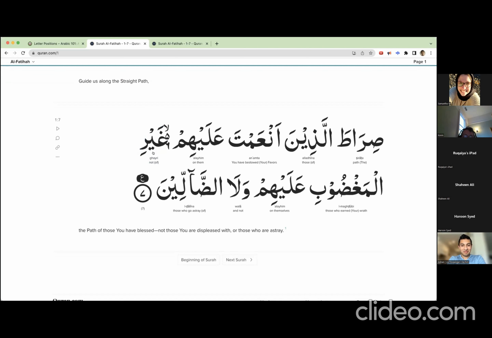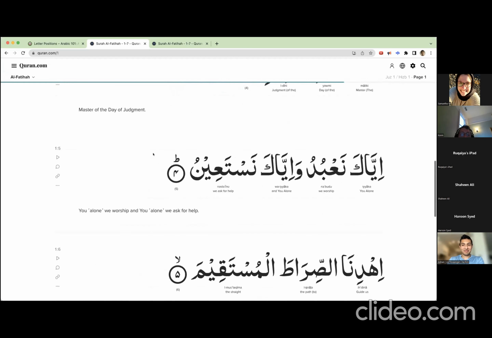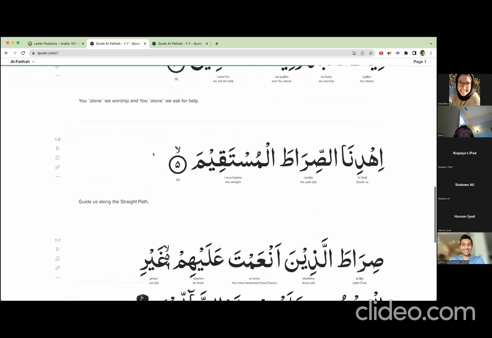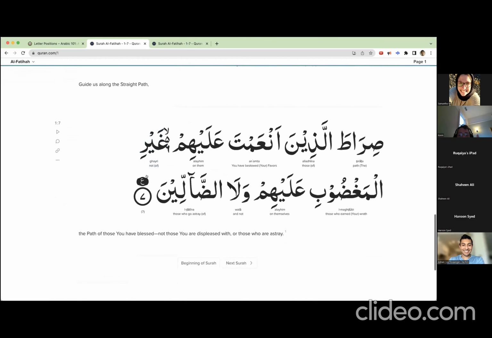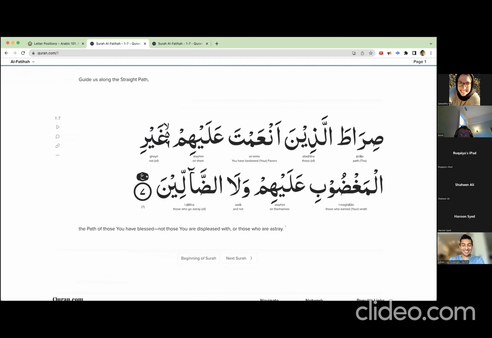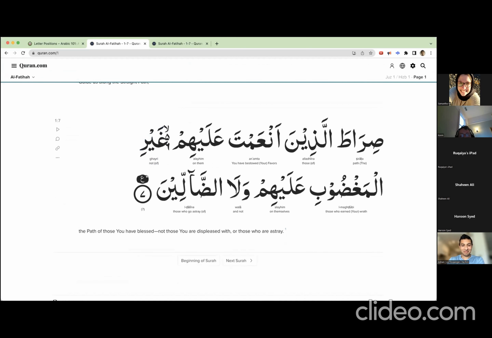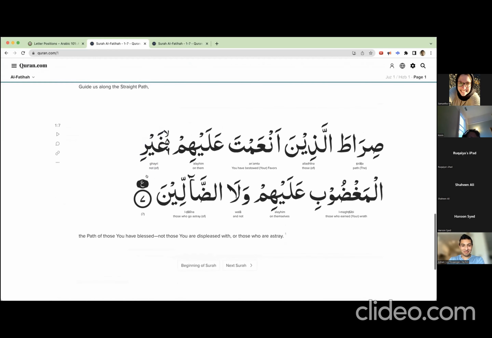And there are sometimes even minor differences. The classic one in Fatiha is Maliki Yawmiddin versus Maliki Yawmiddin. One reading has Malik, the possessor of, and the other is Malik without an alif, which would mean the king of, or the lord of. Very similar meaning. It doesn't really change the meaning, and both are accepted.